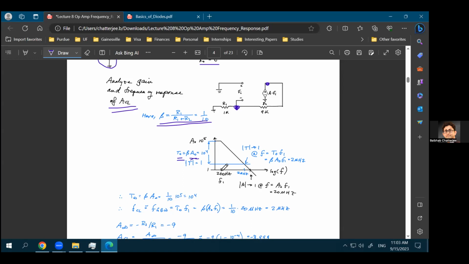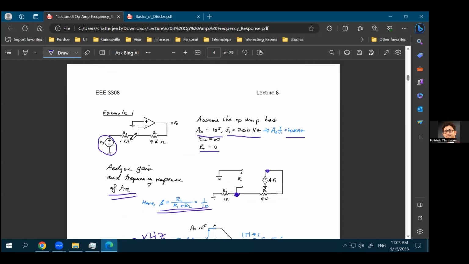So if your open loop bandwidth was 200 Hertz, multiply that by 10 to the power 4. I'll just multiply it with 10 and say that the rest of it is kilohertz, because 10 kilohertz is 10 to the power 4 Hertz. So you have 2000 kilohertz or 2 megahertz. So 2 megahertz will be your closed loop bandwidth.